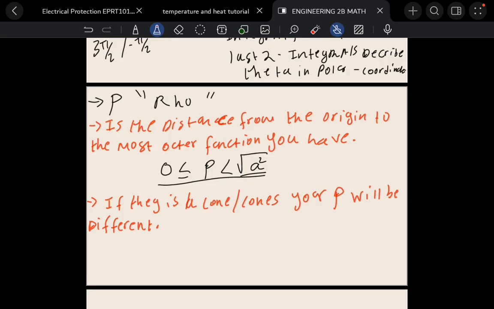The upper bound will be different, but sometimes it's not going to be different.